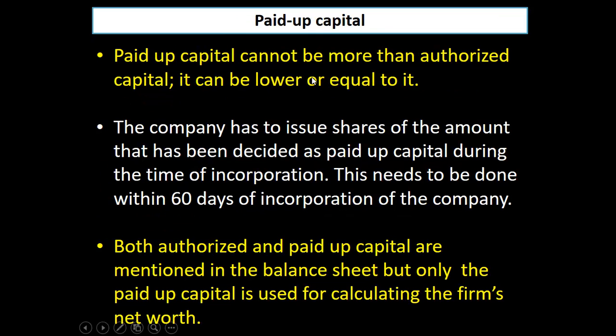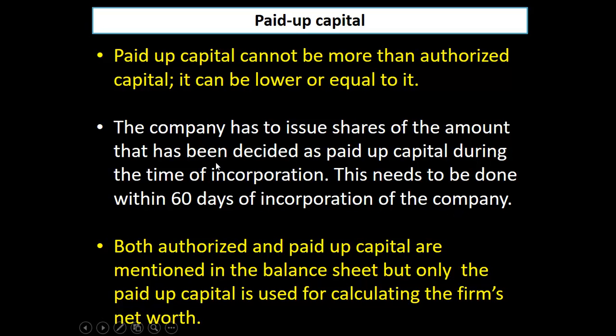The paid-up capital by default cannot be more than the authorized capital. The company has to issue shares of the amount that has been decided as paid-up capital at the time of incorporation, and this needs to be done within 60 days of the incorporation of the company.